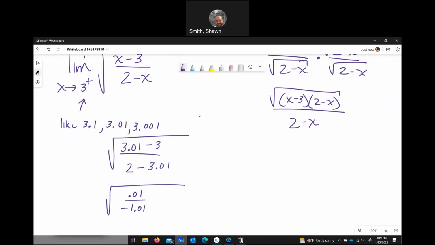Now, you can pick smaller numbers, closer to 3 but still to the right of 3 if you want. No matter what numbers you choose to the right of 3, it's always a negative quotient, right? And can you take the square root of a negative quotient? No. So this limit does not exist.